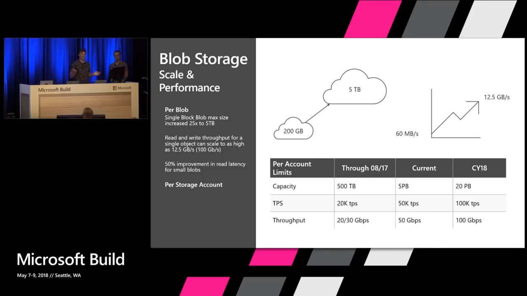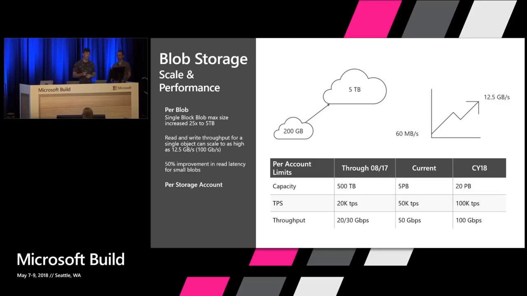At the per storage account level, previously we were at a 500 terabytes capacity limit, 20K TPS, and either 20 or 30 Gbps, depending on the region that you were in. Currently, we're sitting at 5 petabytes maximum capacity, 50K TPS, and 50 Gbps, independent of what region you're in, read and write, so ingress and egress.